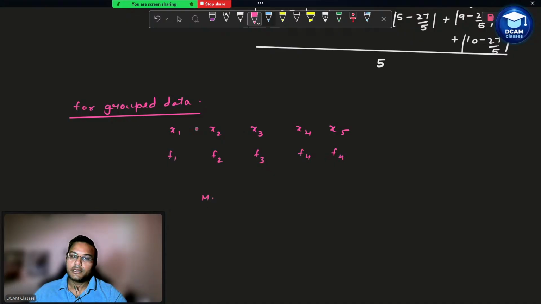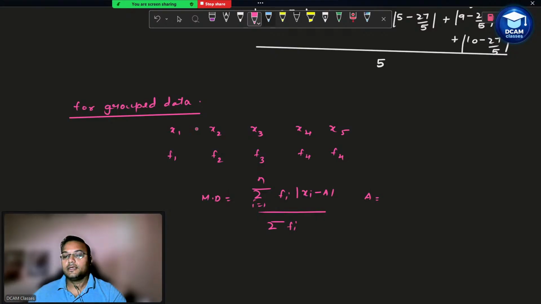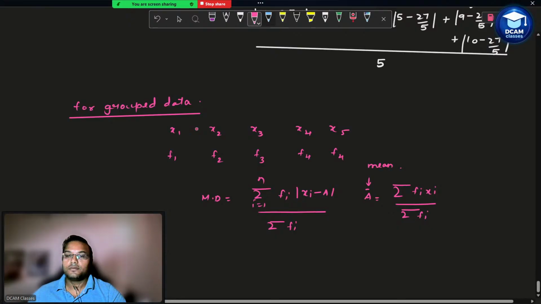Mean deviation will be sigma i equals 1 to n, fi modulus of xi minus A, whole divided by sigma fi. And what is A? A is sigma fi xi divided by sigma fi. That's basically the mean, how we used to calculate it for grouped data.